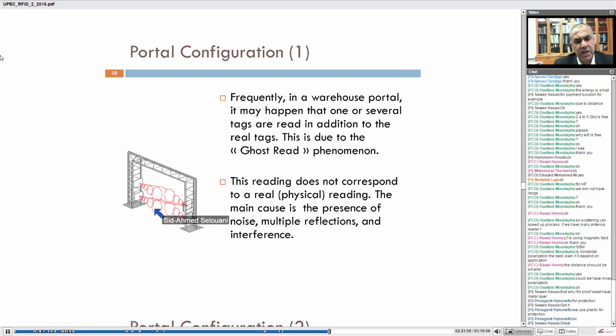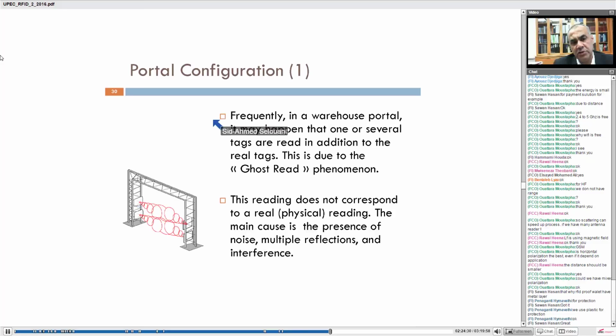The portal configuration. Frequently in a warehouse, portal it may happen. This is the portal, okay? And your question, Watara, yes, this is circular. I put four antennas, but maybe in our experiments here, we put a linear vertical, linear horizontal, circular, and we change the angle of the antenna.